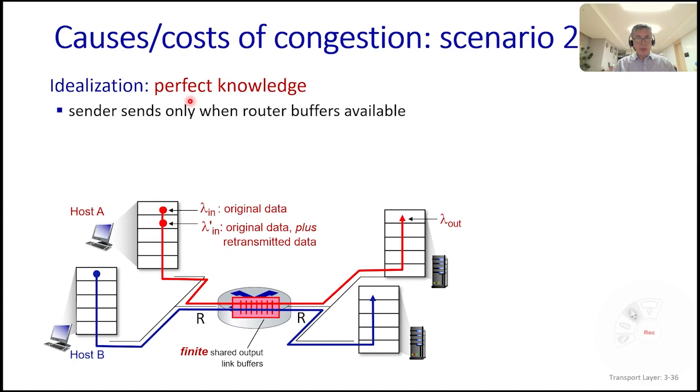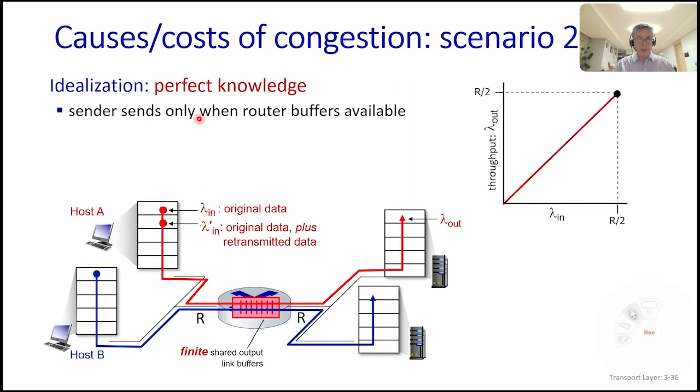One assumption, idealization, perfect knowledge: the sender sends only when router buffers are available. Available, then deliver, preventing dropping. If the buffer is occupied, the new packet will be dropped. So that's why this assumption.